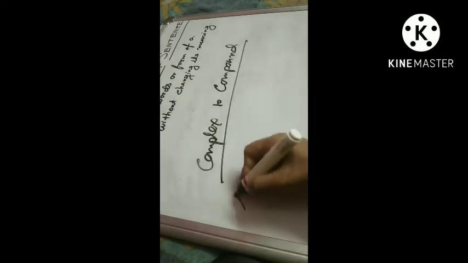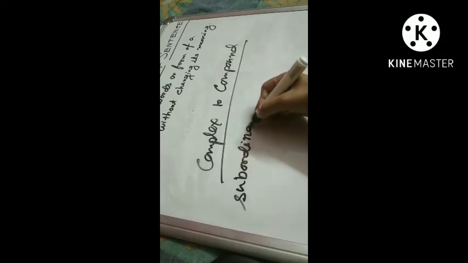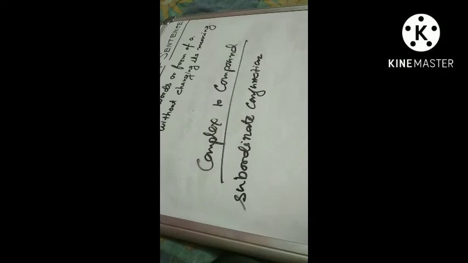This one is the subordinate conjunction. What is that? Subordinate conjunction. You need one subordinate conjunction to make it complex. How to do? A complex sentence needs one dependent clause and one independent clause.